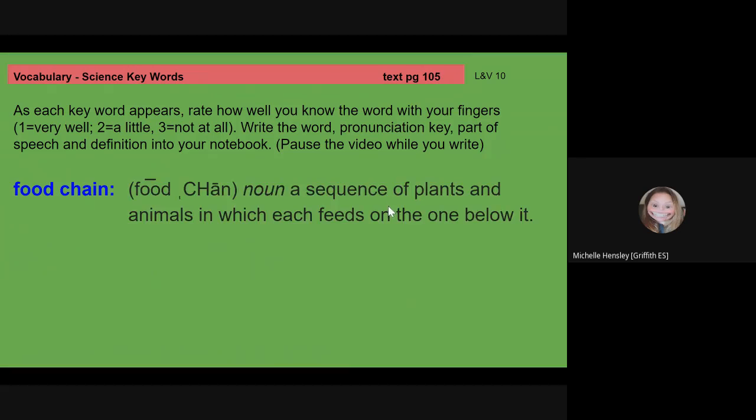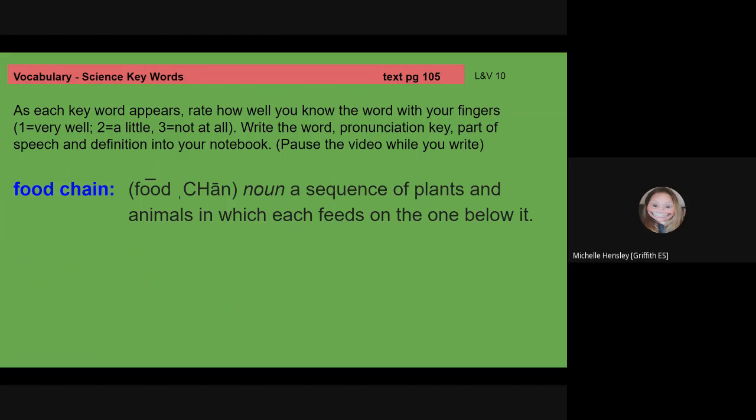Today's food chain, two one-syllable words, food chain, is a noun, and it's a sequence of plants and animals in which each feeds on the one below it. So if you have a food chain, you're looking at what's at the top of the food chain, what it eats, what the thing below it eats. So, for example, my dad is an omnivore.